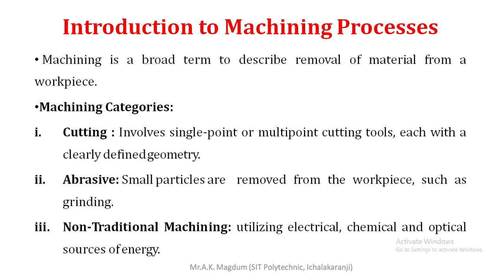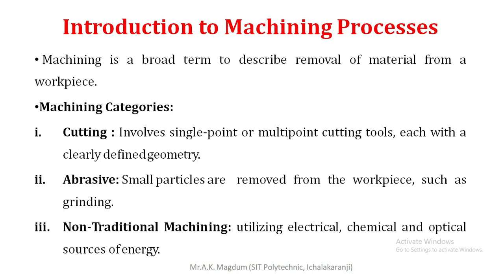So there are machining categories. The first category is cutting. Cutting involves single point or multi-point cutting tools. Single point means, as all of you handle the lathe machine, a single point cutting tool is used. The best example of multi-point is the milling machine, where we use multi-point cutting tools.